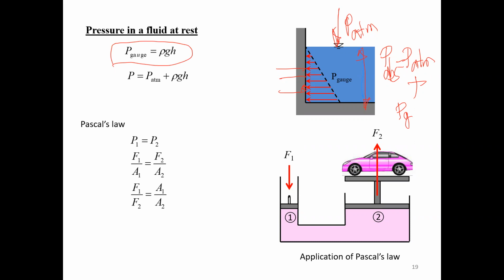If I add it to this equation, I'll get the absolute pressure. Also in pressure, there's a well-known law, which we call Pascal's law. One of the benefits of Pascal's law is that this law states that in a closed system, the pressure anywhere in the system is the same.